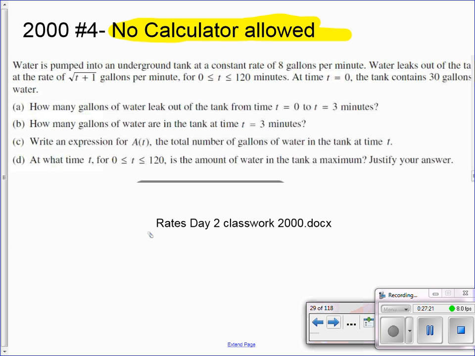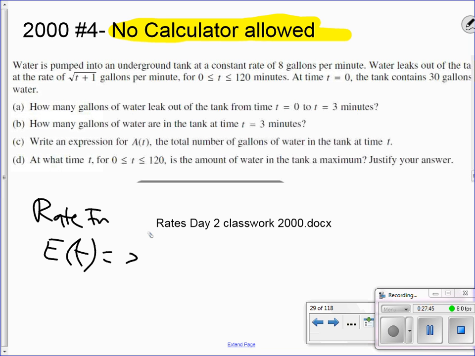Water is pumped into an underground tank at a constant rate of 8 gallons per minute. What is that? That's your rate in, all right? You can't store that in your calculator, you got to store that in your brain. So rate in is 8, or E of t equals 8, in gallons per minute.